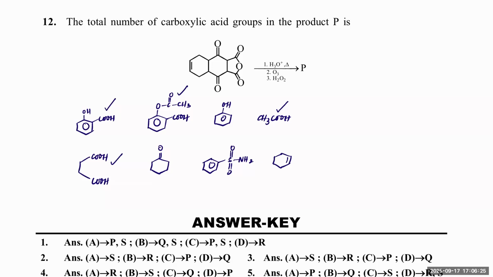Clear? Then phenol will also have a pK value of 10. So definitely this will also have higher acidic strength than water. Then this one is not, this one is not, this one is not. They do not have any sufficient pK value for these cases. So how many can we get? 5.